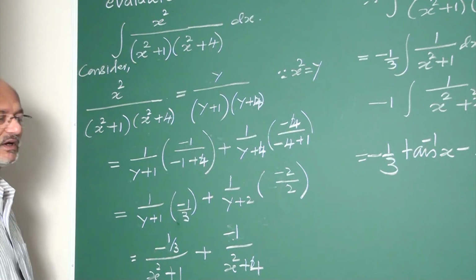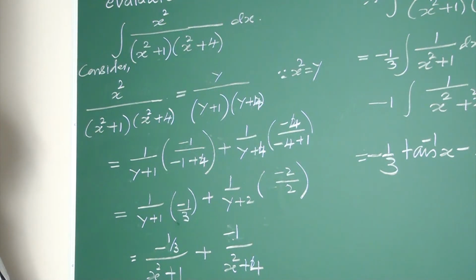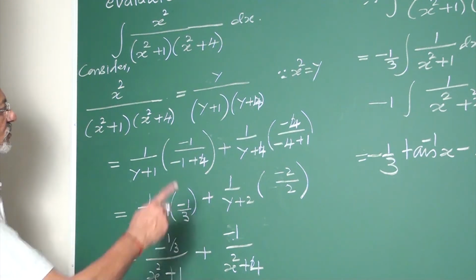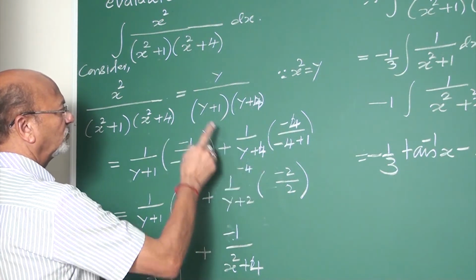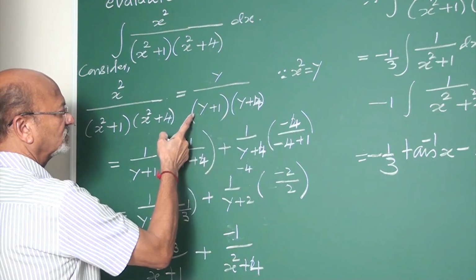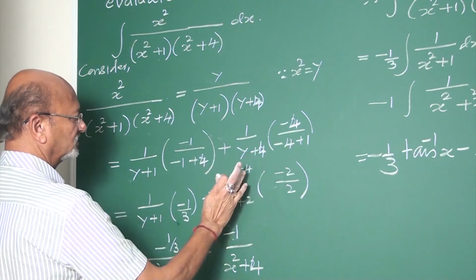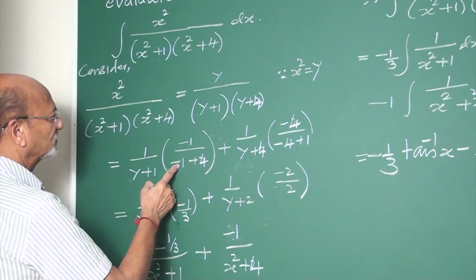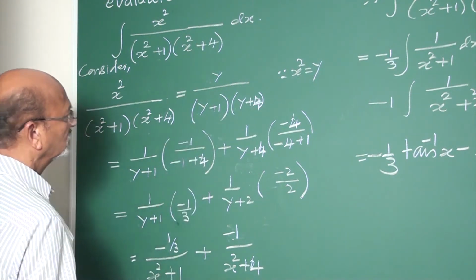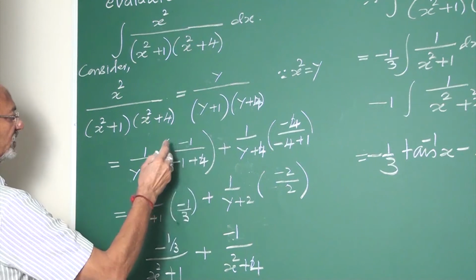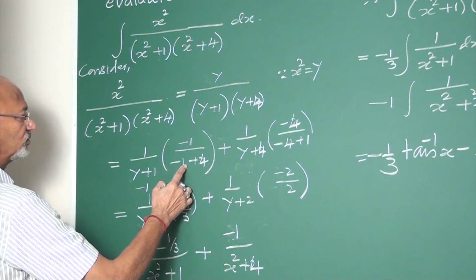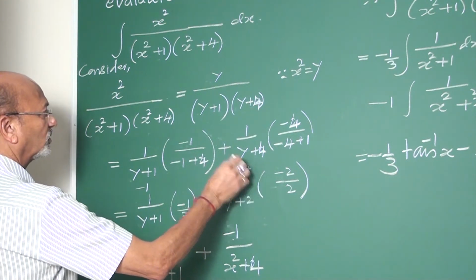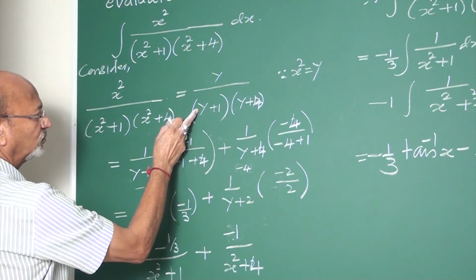Is correct. Here you have to put y is minus 4, other than this, minus 4 plus 1. Here y is minus 1. Minus 1 you have to put in the remaining: minus 1 upon minus 1 plus 4. Here y is minus 4: minus 4 upon minus 4 plus 1.